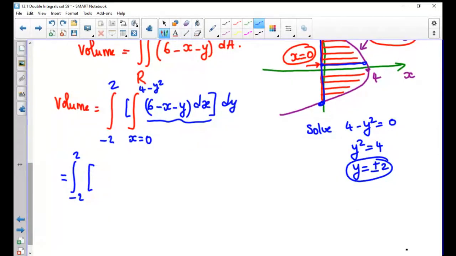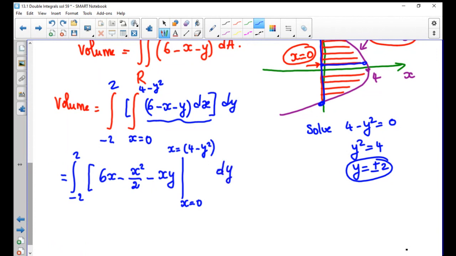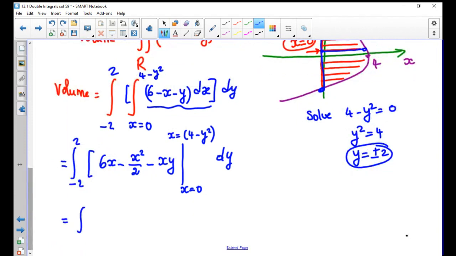So we integrate with respect to x. It will be 6x minus x squared over 2, and then y will be xy, from x equal to 0 to x equal 4 minus y squared, dy. We substitute.